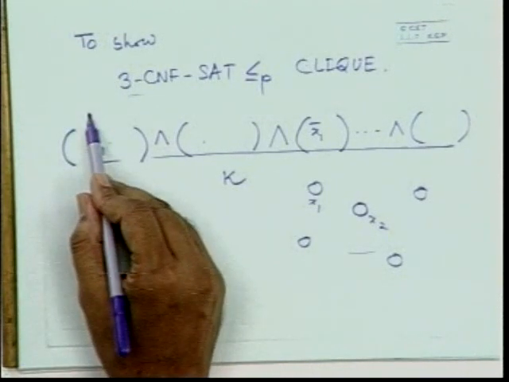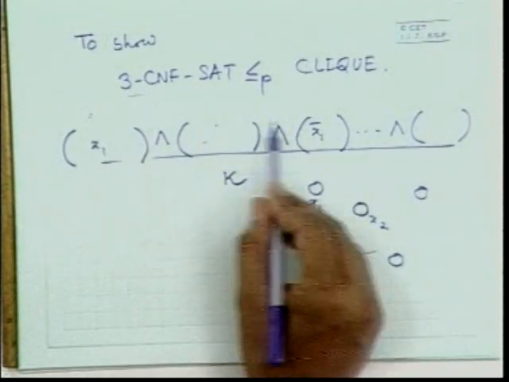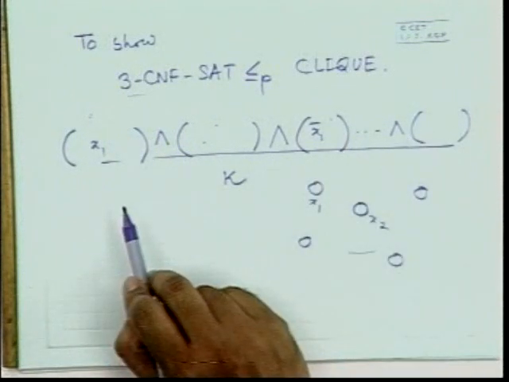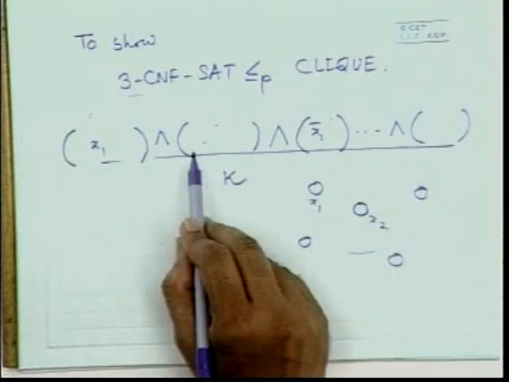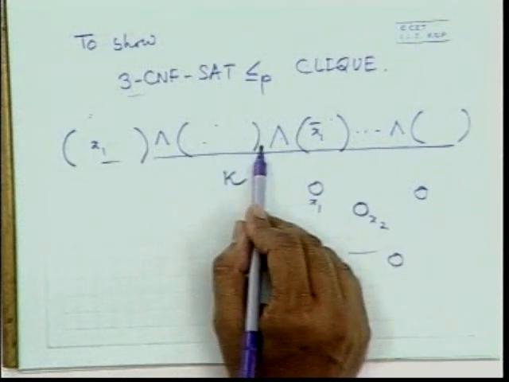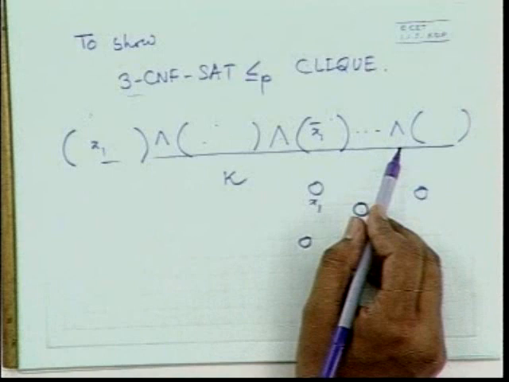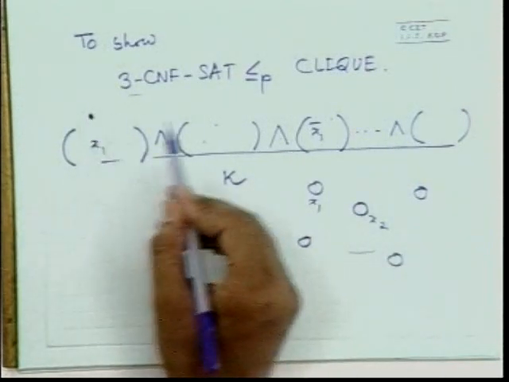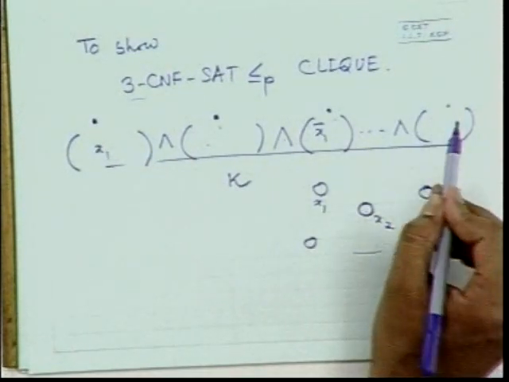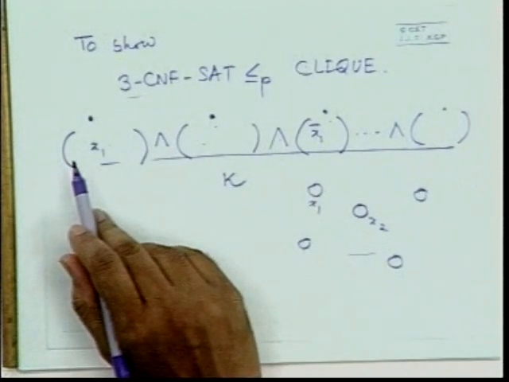At least one literal in each clause must be true, because it's an AND. So each clause individually must be true for that truth assignment. So at least one here, one here, one here, everywhere has to be true.